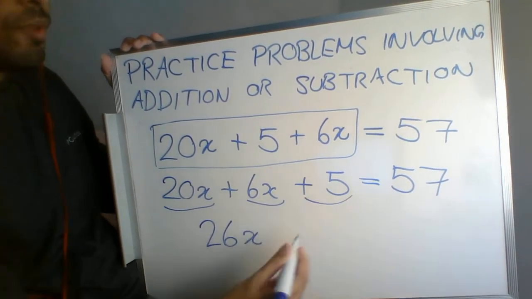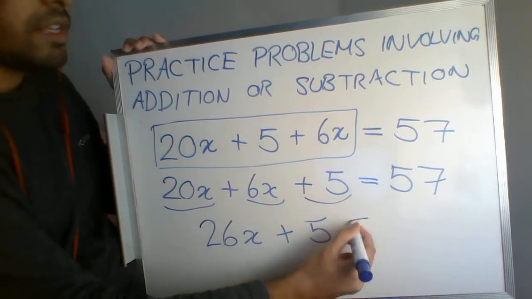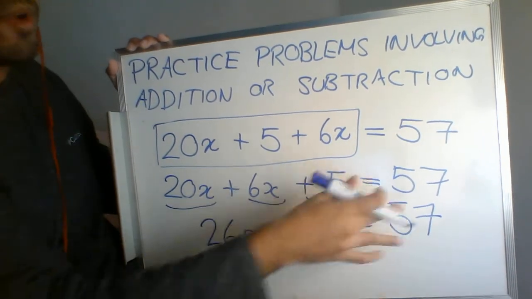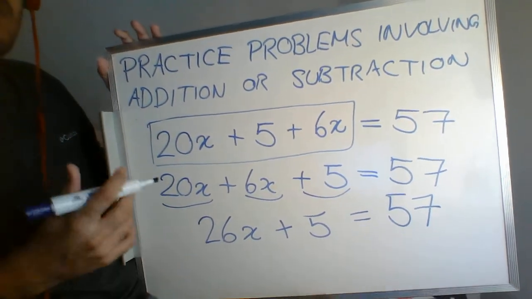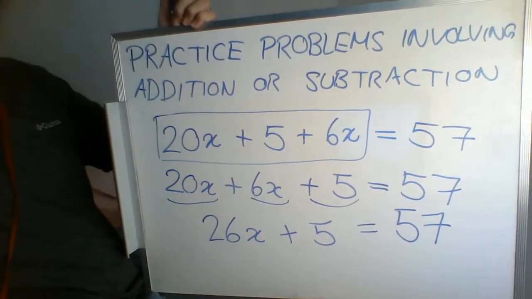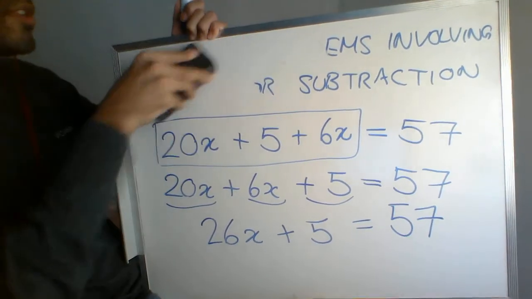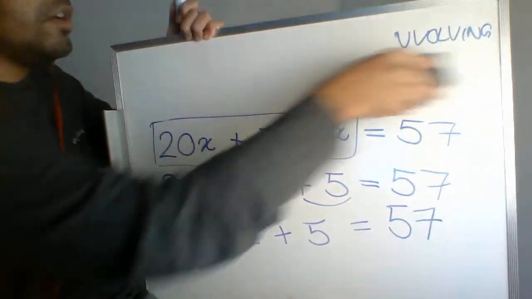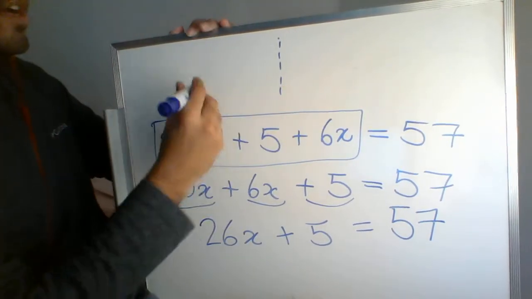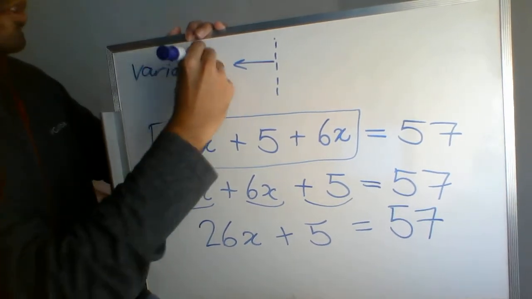Now for now, I'm just going to rewrite what we had over here. So we had 26x plus 5 equals 57. I'm just rewriting those two bits once again. Now, if you remember what I said, when we're trying to figure out what x is equal to, it's almost like if you put an imaginary line down the middle, on one side we want all the terms that have the variable.